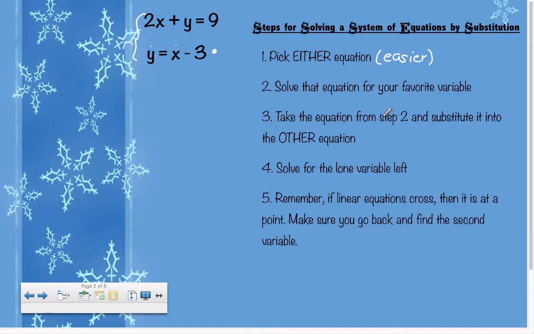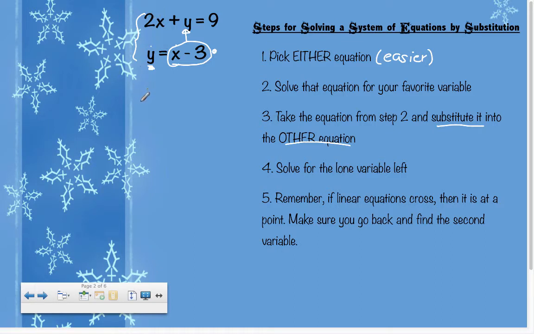Take the equation from step 2 and substitute it into the other equation. So this is what it's saying. Every time I see a y, I may replace it with x minus 3. So I'm putting x minus 3 into the other equation every time I see y.